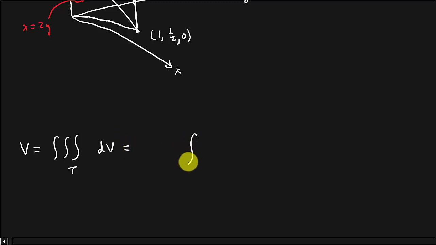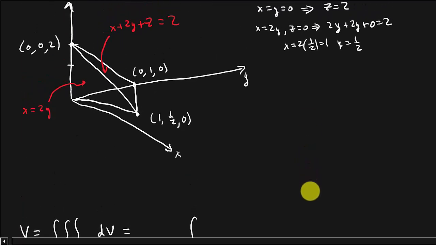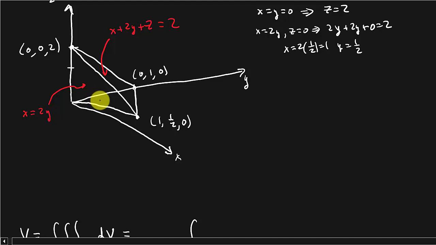So how do we want to set it up? Do we want to do z first, x first, y first? Let's just integrate with respect to z first and see what happens. If I'm integrating with respect to z first, I'm coming from z equals 0 all the way up to this plane right here.